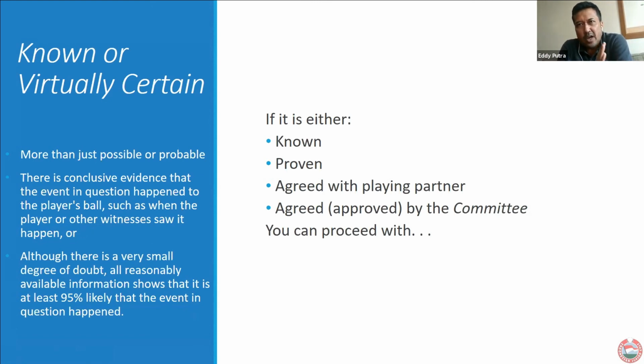When I see, never in doubt. Once you are in doubt, you are off of this known and virtually certain. With regard to virtually certain, it's up to other people, up to the referee to judge and things like that. But if you know, then you have to be firm about it.